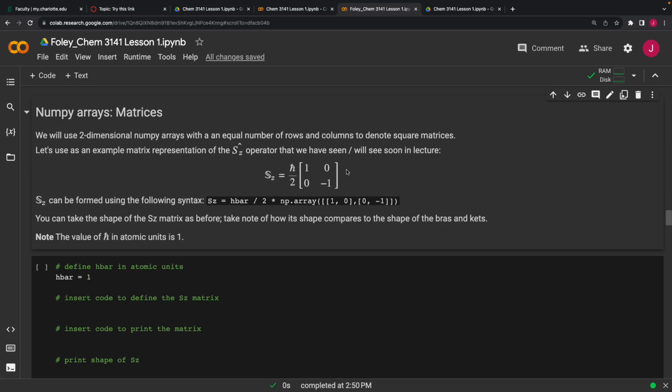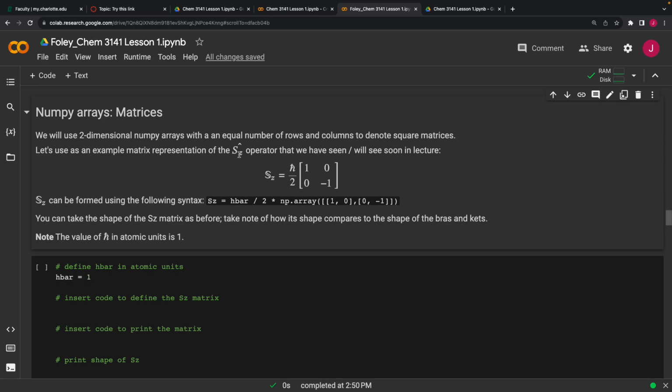We're going to see that the spin operator we're dealing with is called S z hat. So operators wear hats. This is the operator for the spin component of angular momentum along z. It comes with two eigenvalues, plus 1/2 h bar and minus 1/2 h bar.